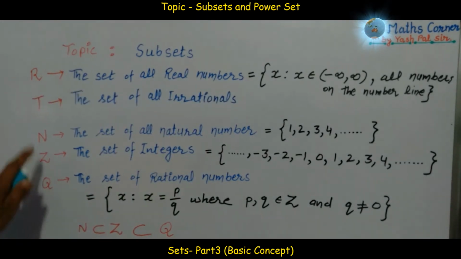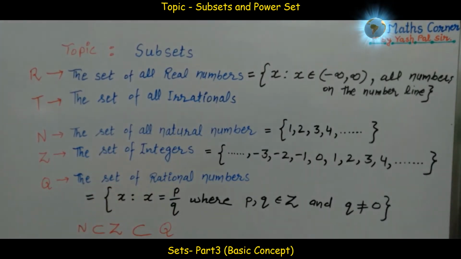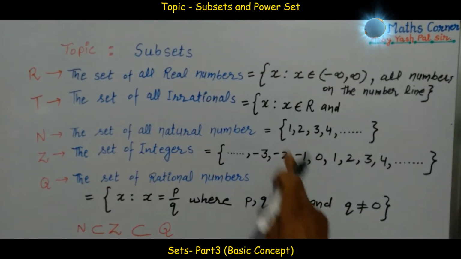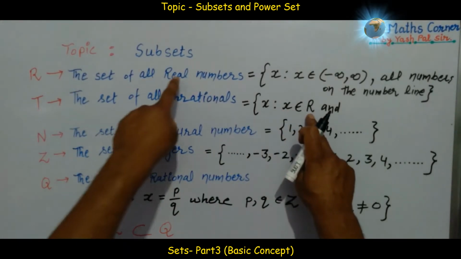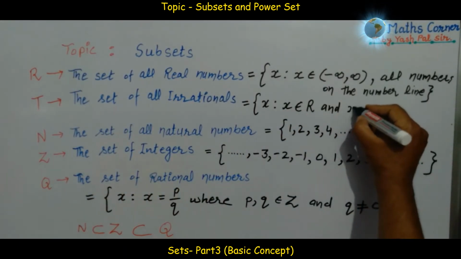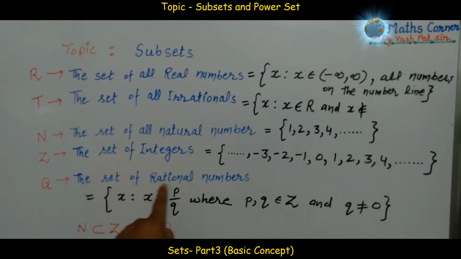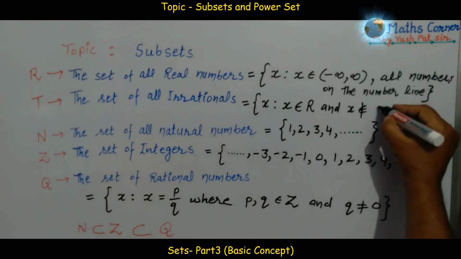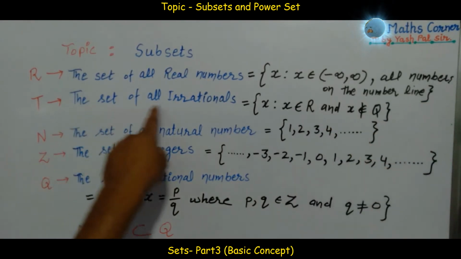Similarly, if T denotes the set of all irrational numbers, that is, x such that x belongs to R, the set of all real numbers, and x does not belong to the set of rational numbers, that is Q. So this is the definition of the set of all irrational numbers.